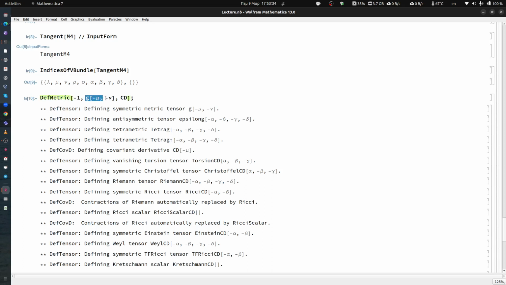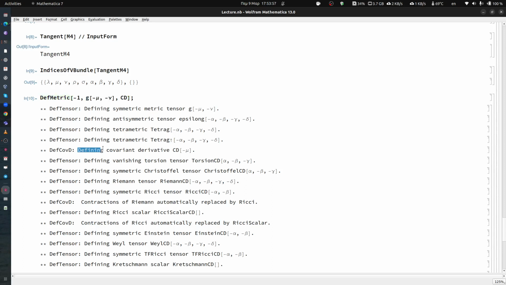There is a tensor here that corresponds to the metric, which is called G. Then there is an antisymmetric tensor with 4 indices called epsilonG. So you can guess that this is the Levi-Civita tensor for the metric that we have defined.